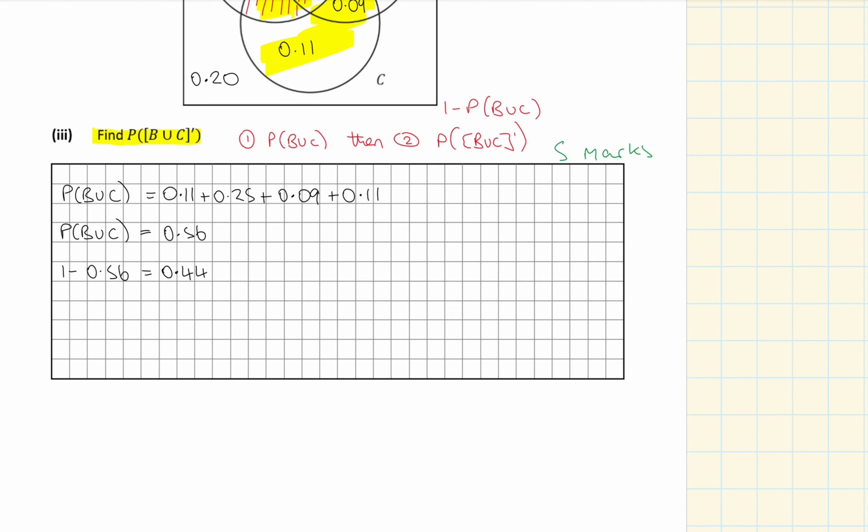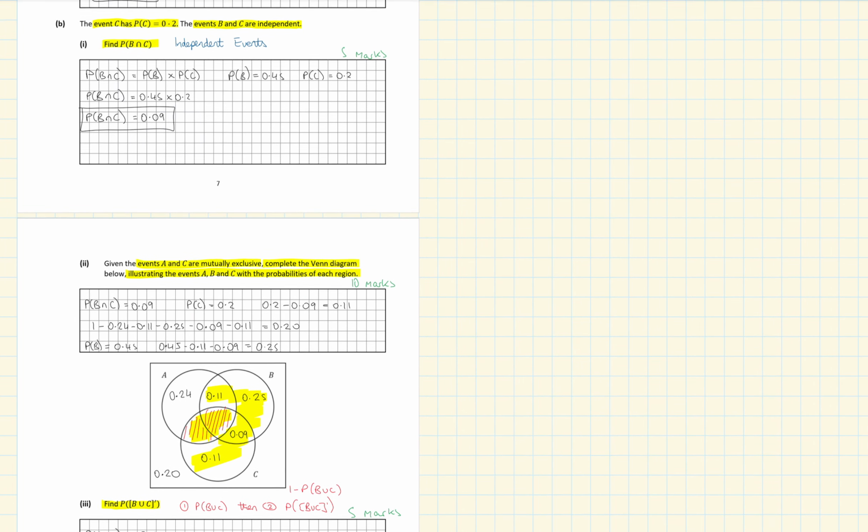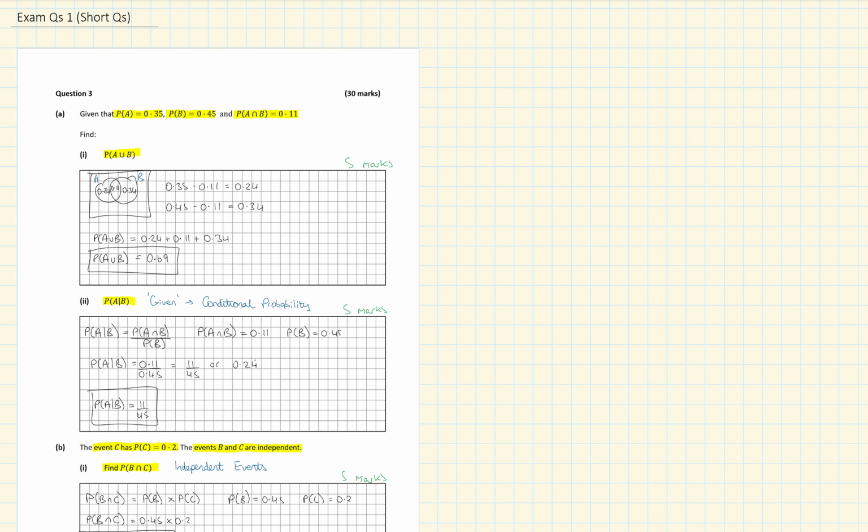And that's my answer there. So the probability of B union C complement is 0.44. Okay, so that question is answered. 30 marks in total for section A, short question on probability.